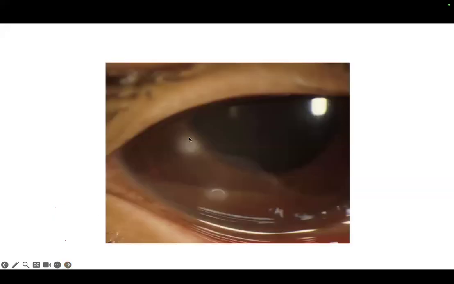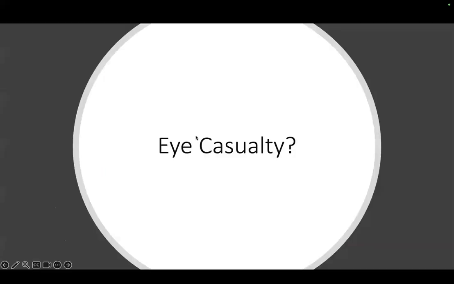This is obviously a much smaller ulcer, and again, this is probably much more common. So these are one millimeter corneal ulcers with a bit of stromal infiltrate in a contact lens wearer. We're not blasé about these, but most of them will respond to topical antibiotics, such as moxifloxacin. It has to be broad spectrum.